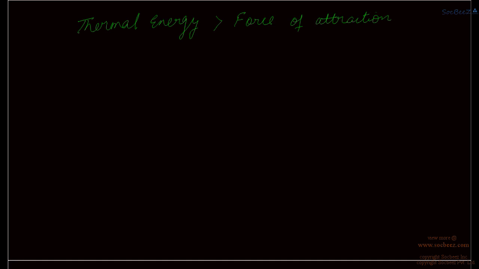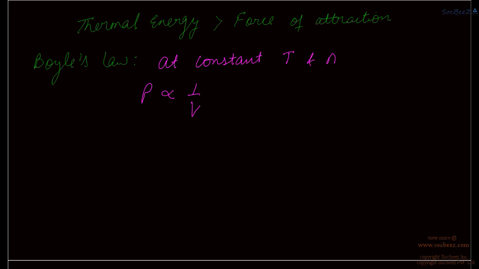While studying the behavior of gases, several laws were developed. The first one is Boyle's law. This law states that at constant temperature and amount of gas, that is number of moles, pressure is inversely proportional to the volume of the gas.